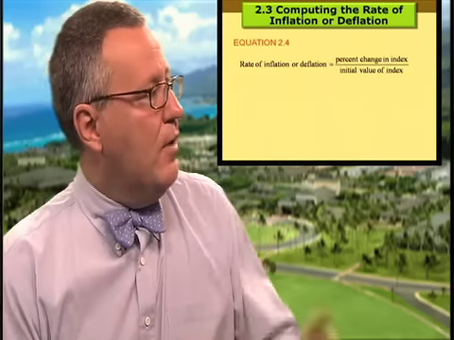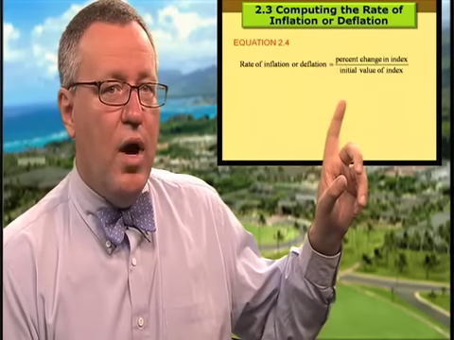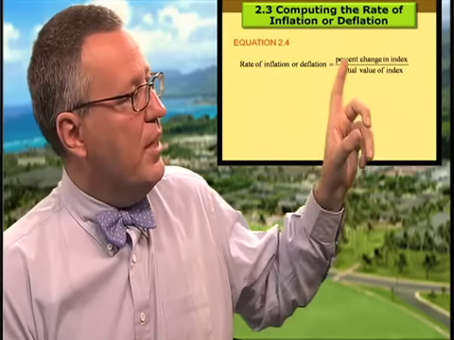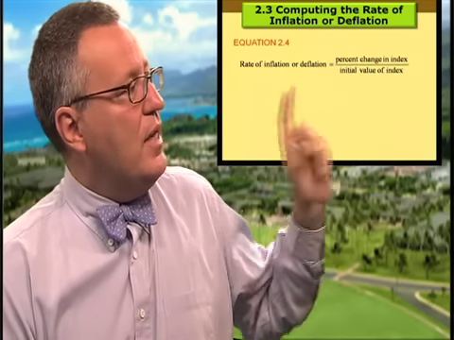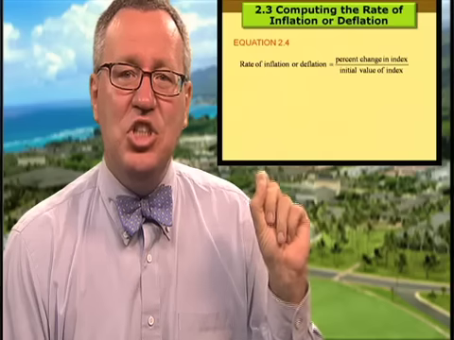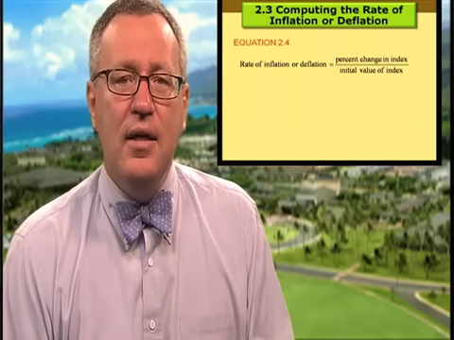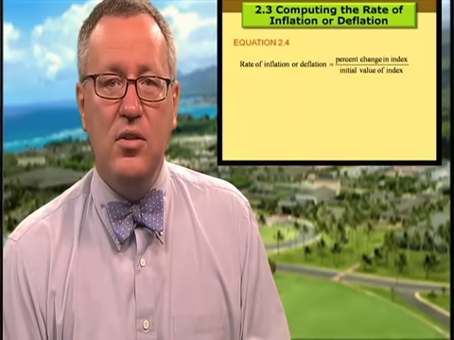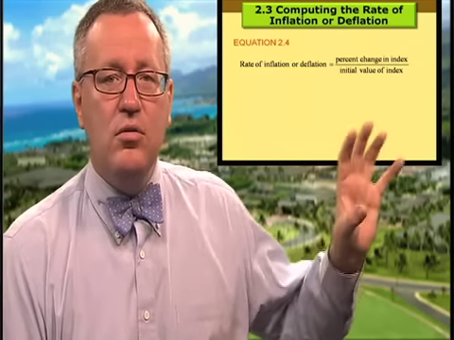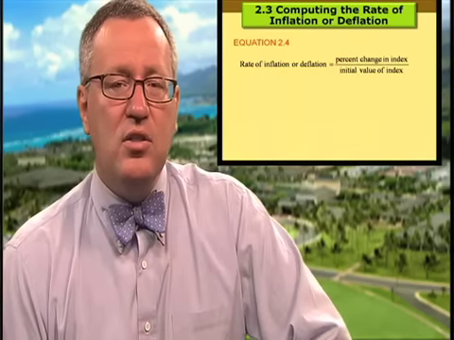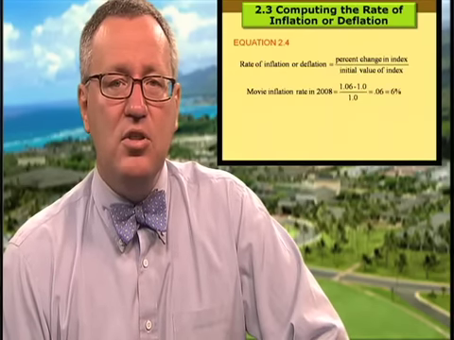There's a couple of others, but let's talk about the rate of inflation or deflation and how to calculate it. Now, we need to watch this formula because it's difficult based upon the words that are in here. What we need to do is we need to say, what is the change in the index divided by the initial value of the index? And this is going to be generated into an index for us that's in percentage terms.